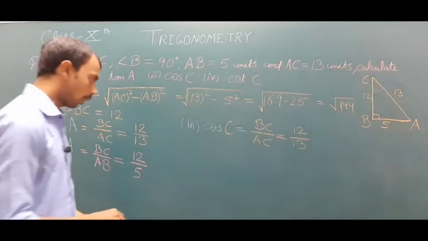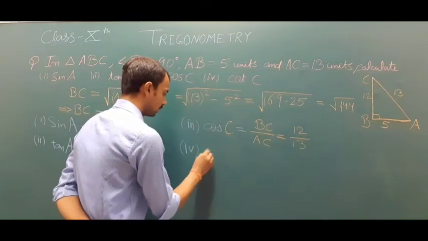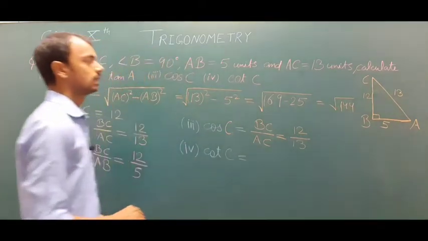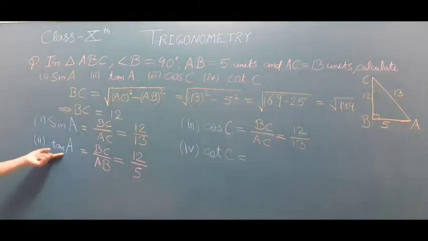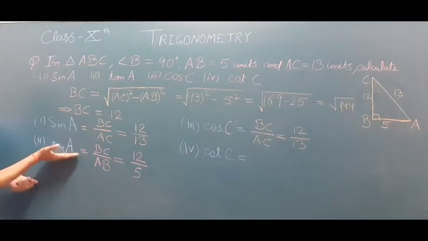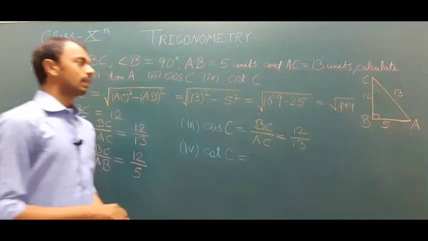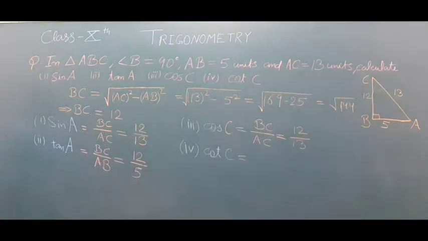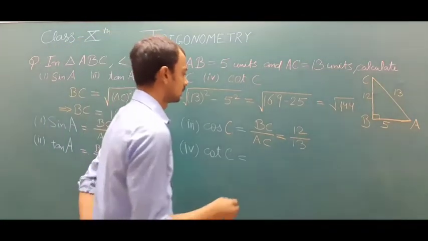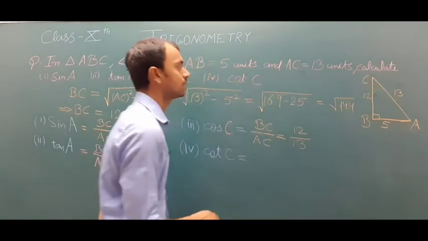Next one is cot C. Fourth one is cot of C. What is cot C? You know, cot is inverse of tan, but here this is for angle A. Here we have to calculate for angle C. So do you know what is the formula of cot? The formula of cot is adjacent side. What is the adjacent of C?